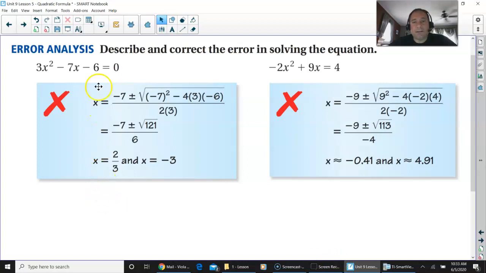So what you have to do, you have x's here, right? So both of these are incorrect as far as I know. So I would just take this as describe and correct the error. I would just go ahead and solve it using the quadratic formula. So that's what I think you would do for this one and also this one.